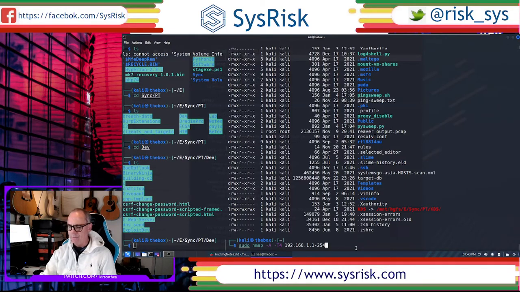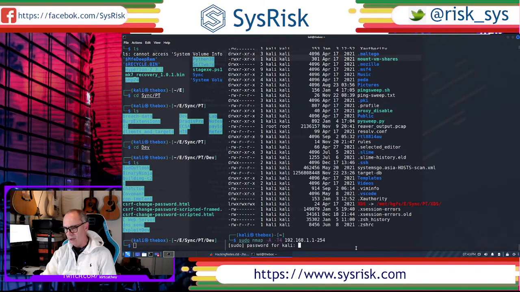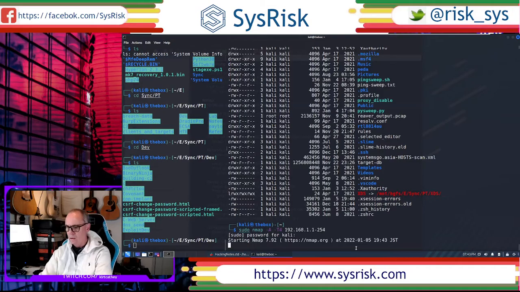Once you do this for the whole subnet, the time will come up in a minute. It was something like over an hour and 45 minutes. And it's not necessarily because I have a slow network. It's because it actually takes that long to gather all that information for Nmap.